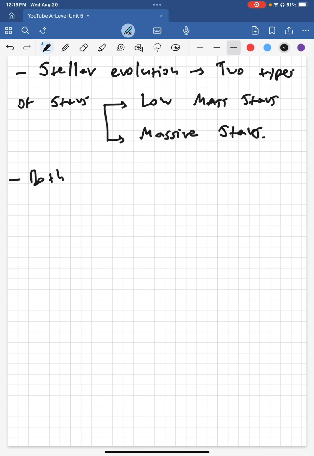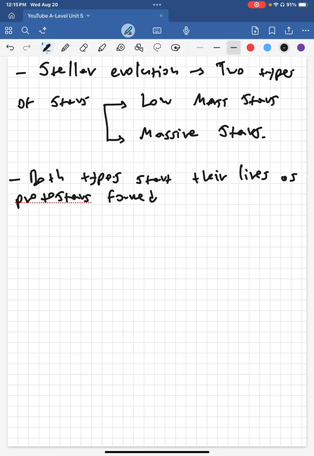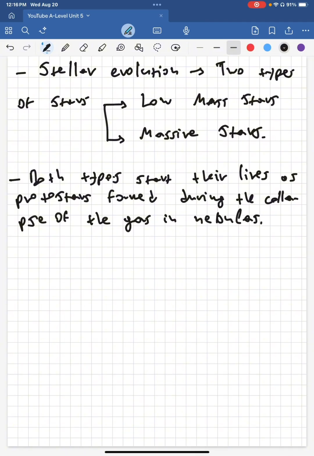Both types start their lives as protostars formed during the collapse of the gas in nebulas and the ignition of fusion.